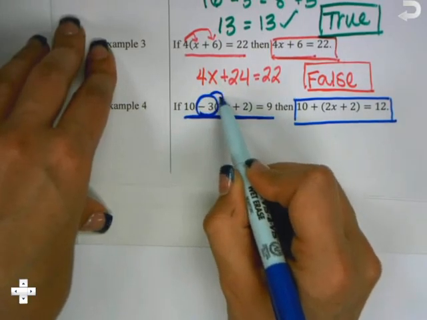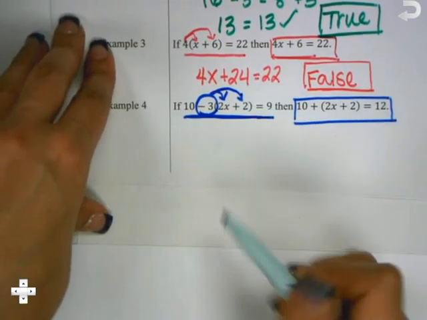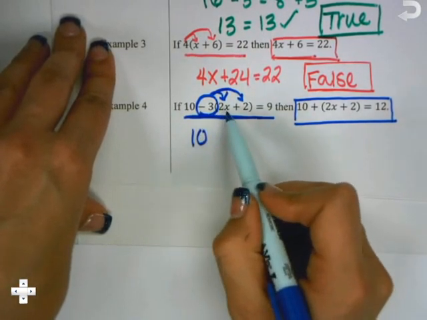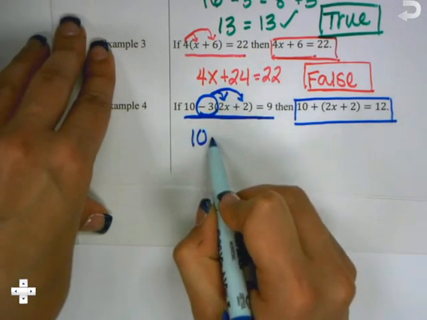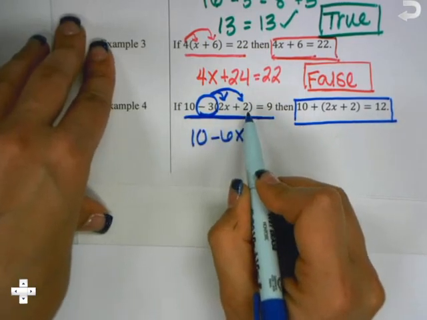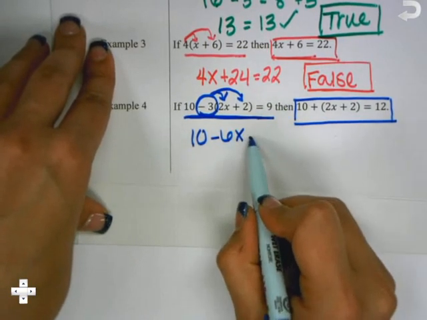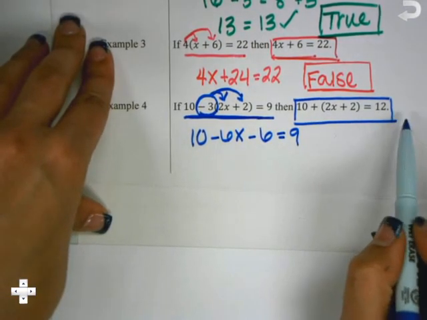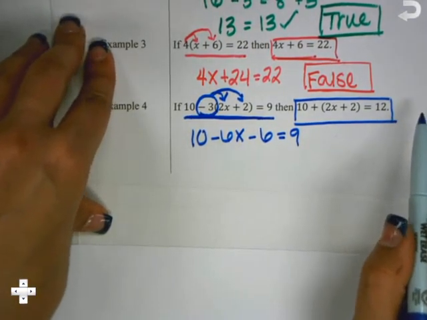So what would we get? 10, negative 3 times 2x, what's that? Negative 6x. Negative 3 times positive 2, negative 6 equals 9. Is that what they have as the conclusion? No, they're way off. So is the conclusion true or false?